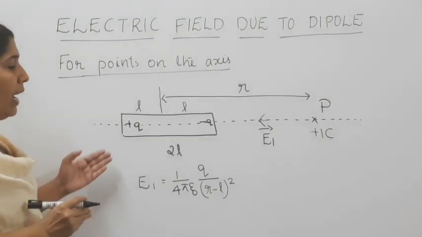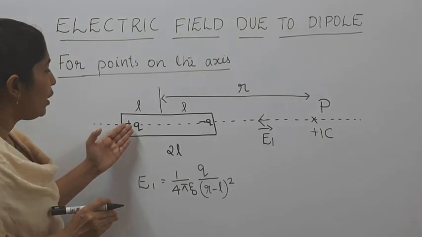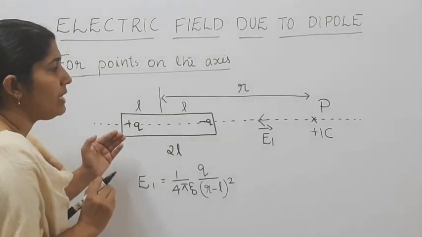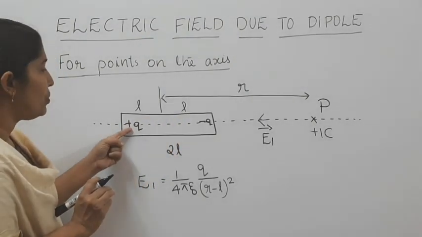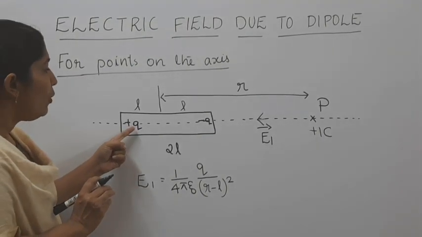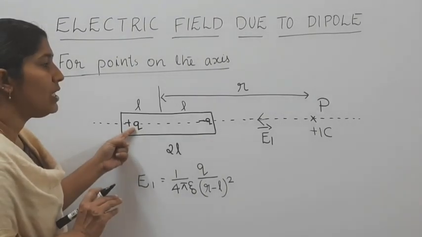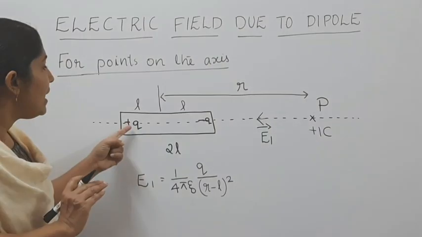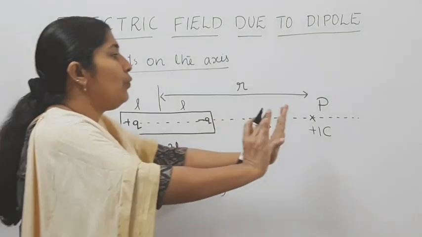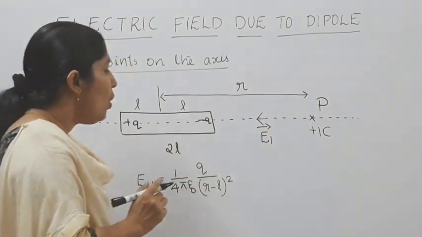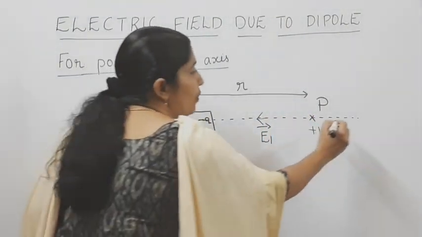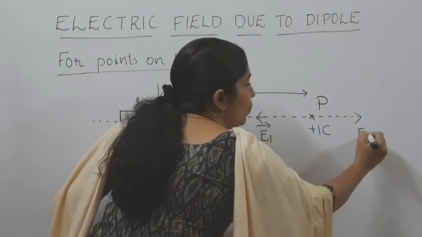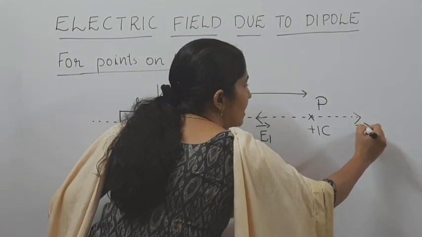Now we want to find out the force experienced by the unit positive charge due to the plus q charge. Both of them are the same type of charge, so there will be a force of repulsion. The plus q charge repels the unit positive charge. So the electric field intensity is in this direction, that is vector E2.